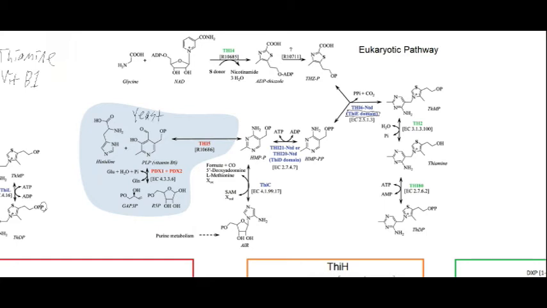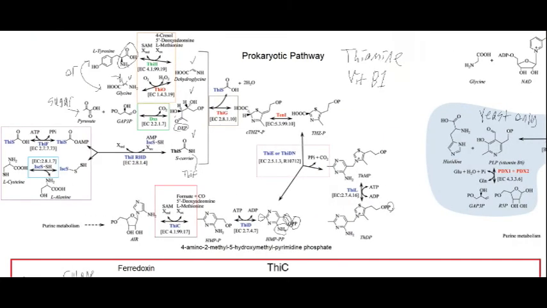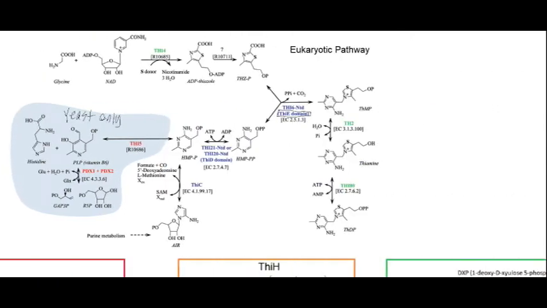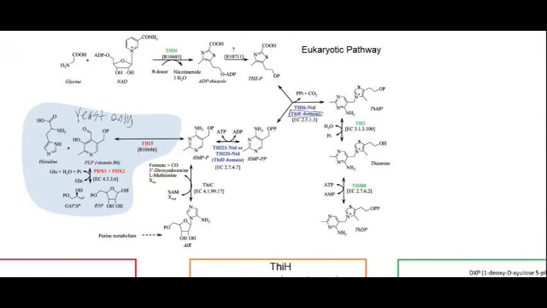But we are using the AIR and THIC, which is the same as in our prokaryotic pathway, to generate HMP phosphate. Then there seems to be something that has a THID domain, which is the same as in that pathway, to phosphorylate that again.